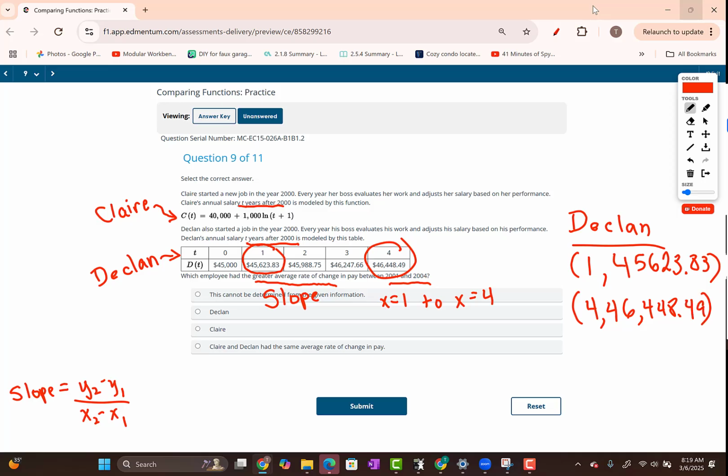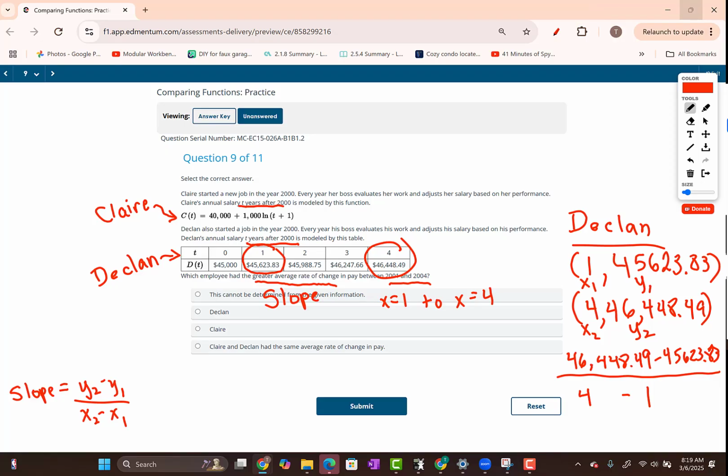So the formula is y2 minus y1, and I'm definitely going to use the calculator for this, over x2 minus x1. So this is my x2, this is my y2, this is my x1, this is my y1.